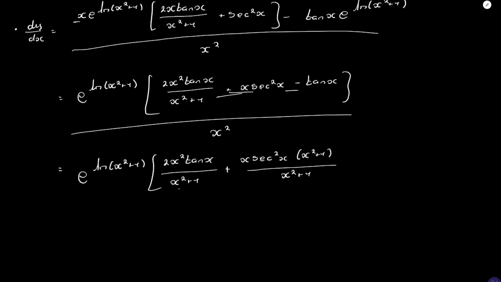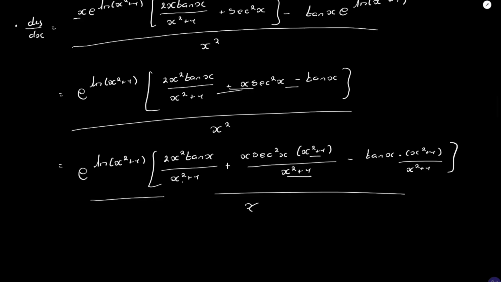If you notice, I'm trying to make all of their denominators the same. So if I add this denominator in this term, I need to add it again in the numerator in order to avoid a complete change in the expression. Minus tan x times x squared plus 1, divided by x squared plus 1.